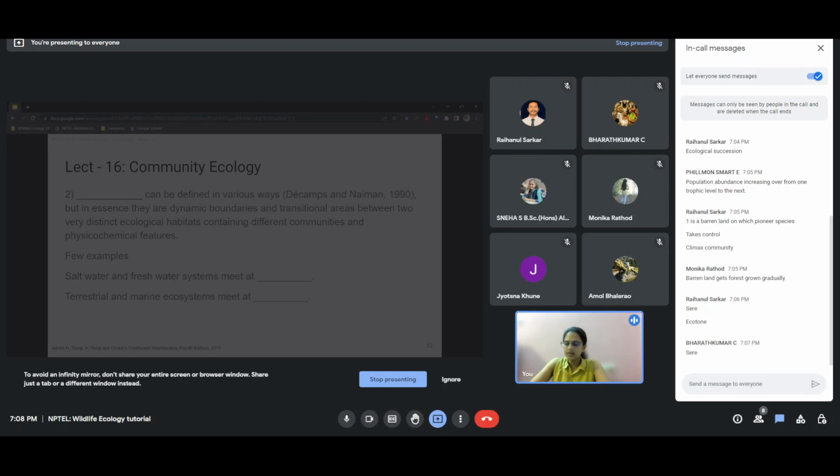Okay, so basically, a sere is a sequence of developmental stages of the ecological community, but this is a particular region. So the key words in the statement are that they are a transitional area between two very distinct ecological habitats, right? And Ryanul has given the correct answer. This area is known as an ecotone.